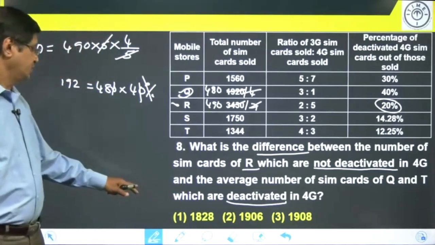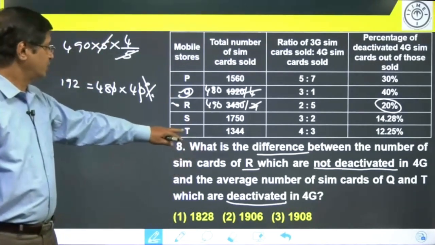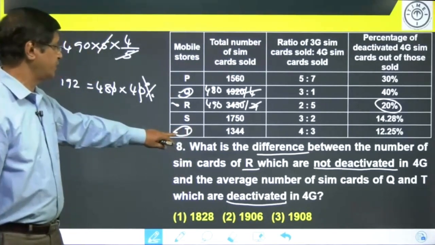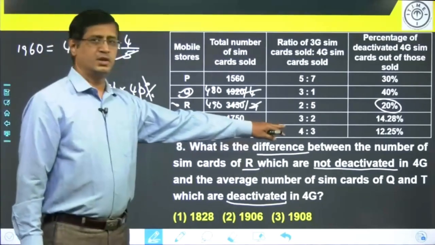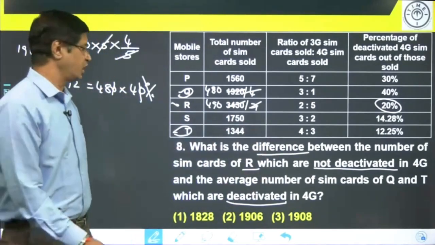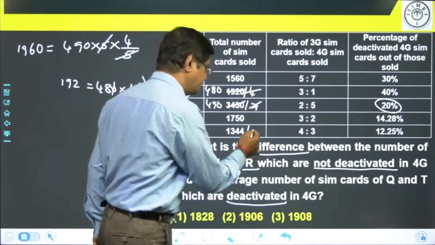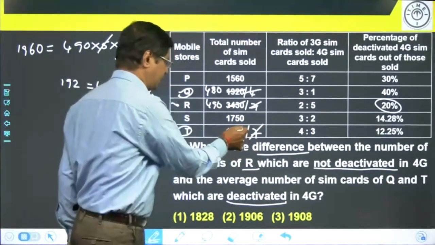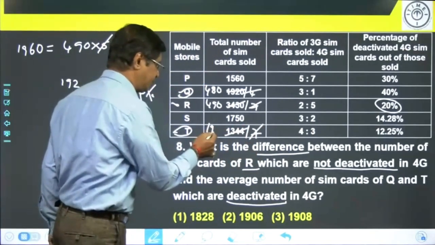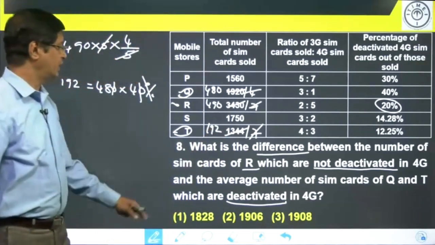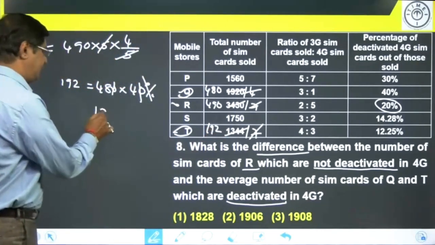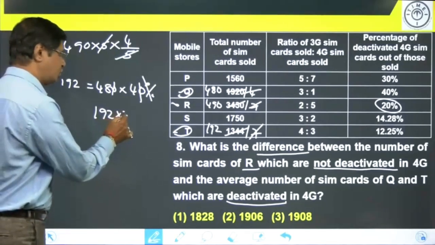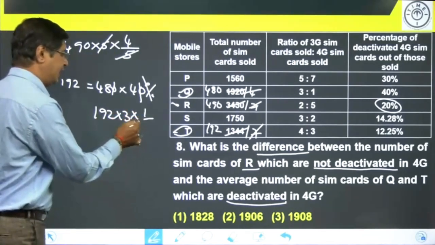Okay, the next one, the value of T. Just observe the value of T: 1344, the ratio is 4:3. So the sum of the ratio is 7. 7 goes 192 times. So 192 into 3 into 1 by 8.